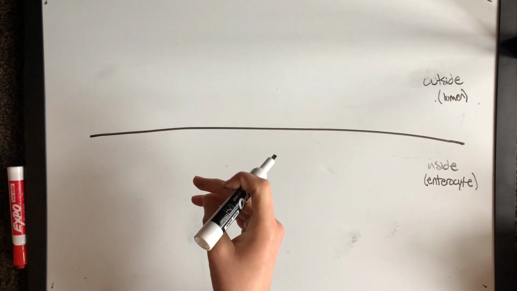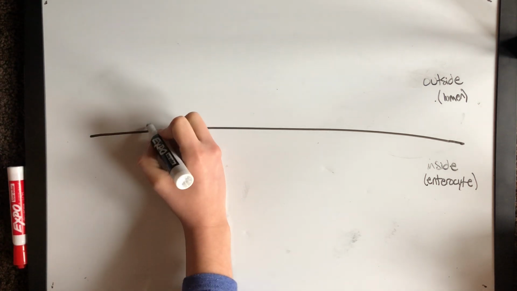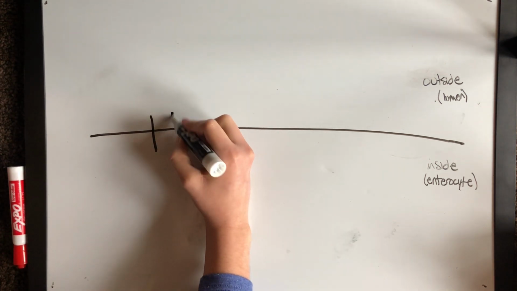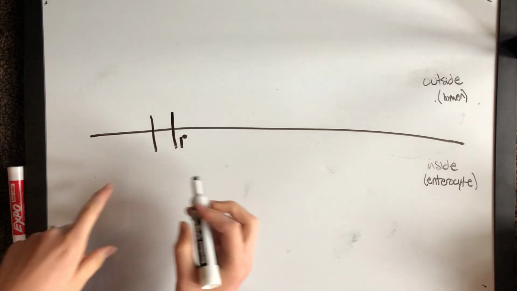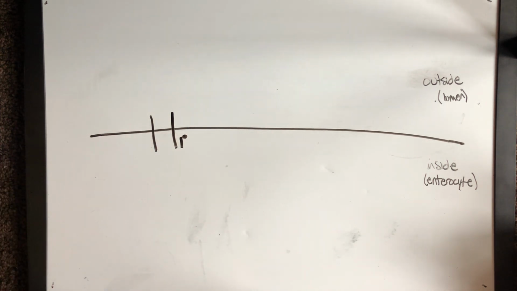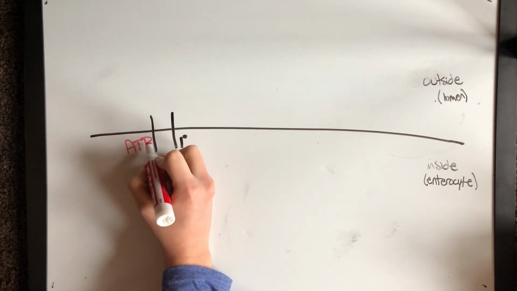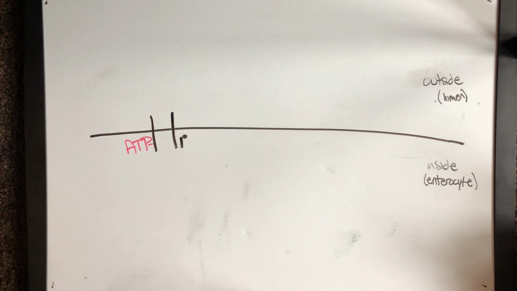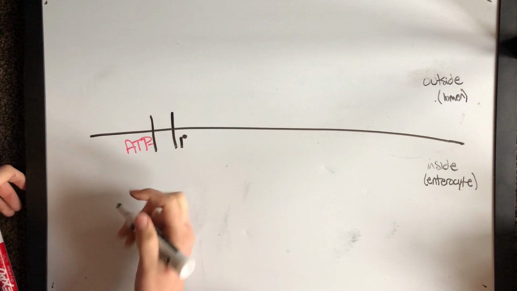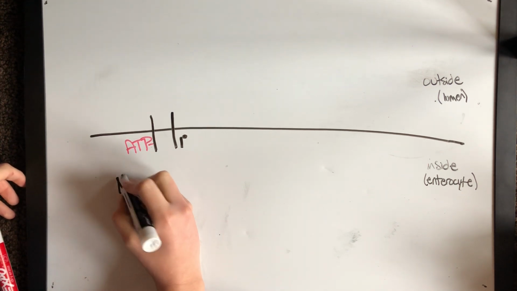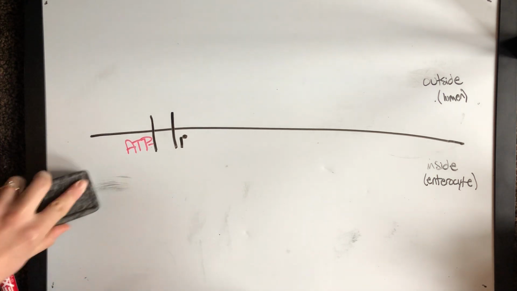So we'll do primary active transport first. We're going to draw over here our transport. So we'll do primary. What's going to happen? ATP is going to come and directly interact with this primary active transport. Inside the cell, we have just a little bit of sodium.